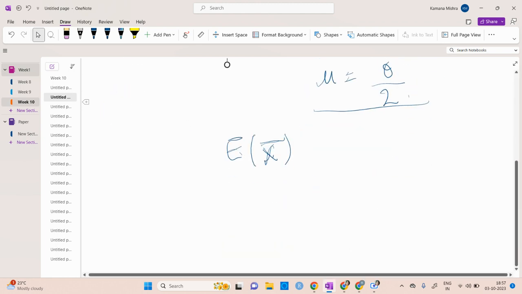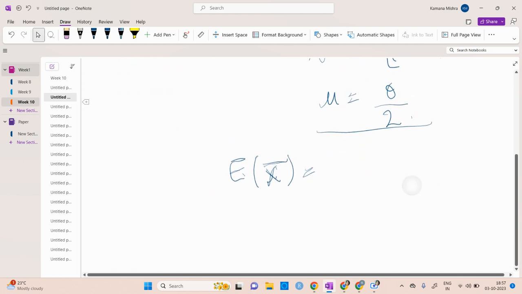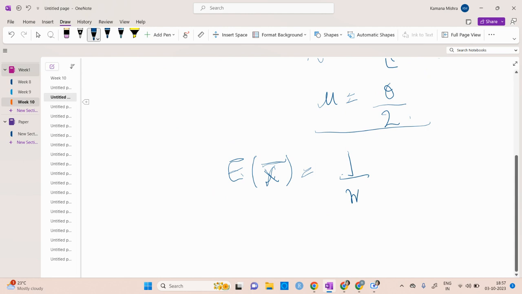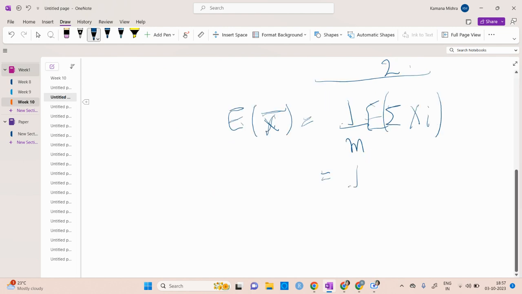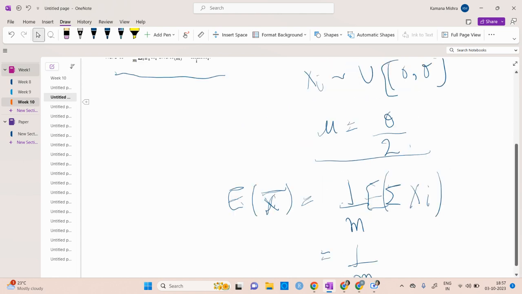So expectation of x bar will be 1 upon m, and the summation of expectation of xi, right? Now all xi follow this distribution U(0, theta).